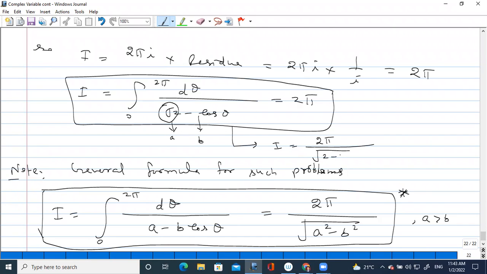B is already 1. So answer is 2 pi. So it is verified. Understood? So like this we can solve the problem. Note down this.